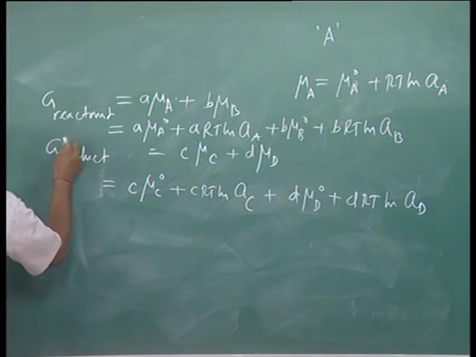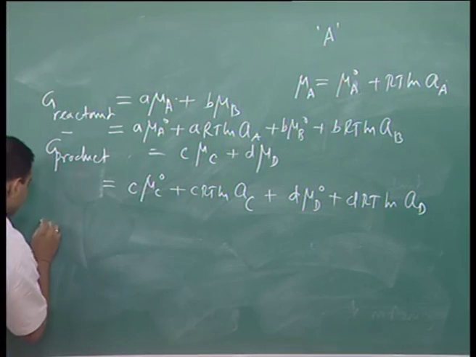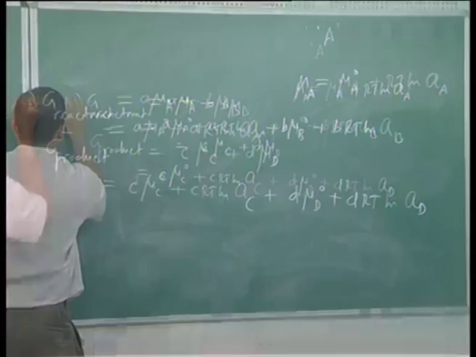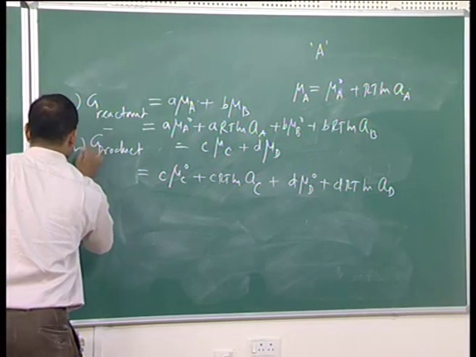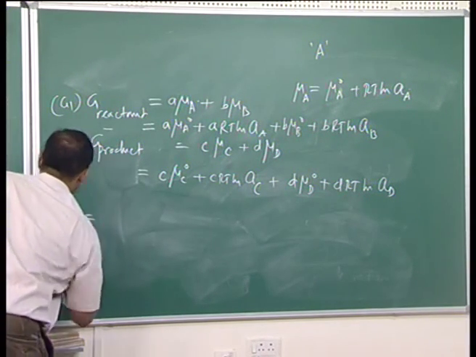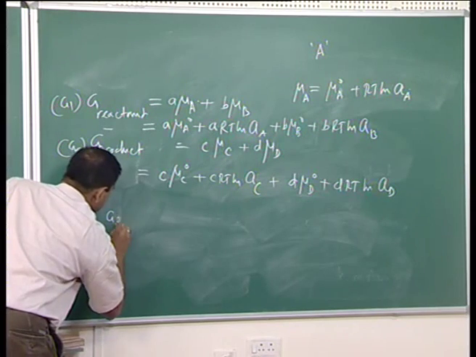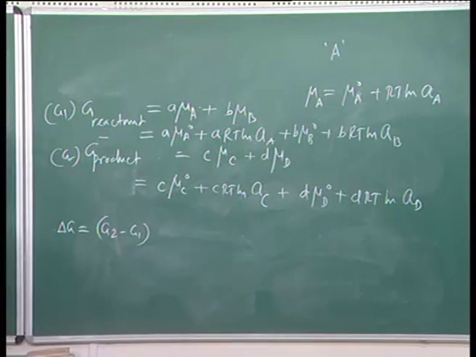Free energy change is this minus this. If you consider this as G1 and this as G2, then del G is nothing but G2 minus G1.